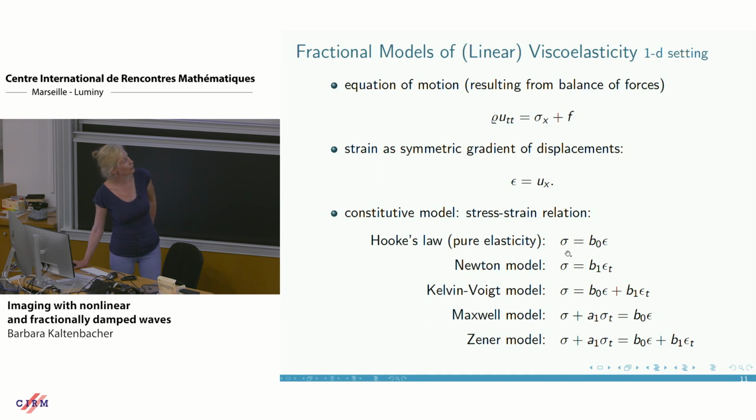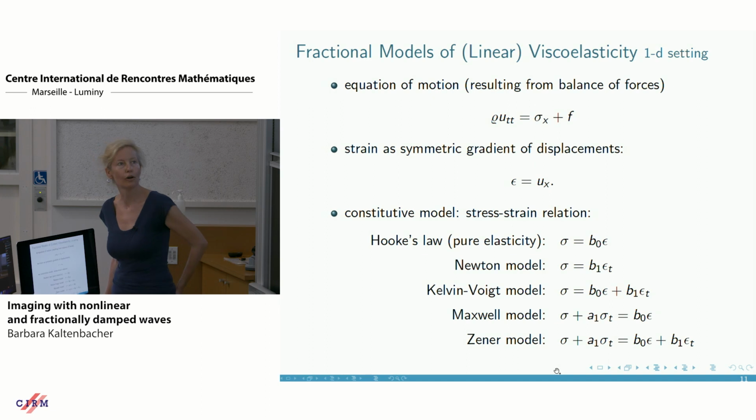However, one could also think of relating not the strain itself, but the strain rate to the stress. That's then Newton's model, or a combination of strain and strain rate, Kelvin-Voigt, or the other way around. So stress and stress rate combined gives the strain. That's the Maxwell model, or on both sides a combination of both.